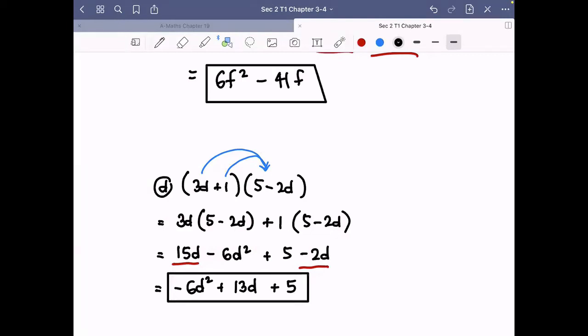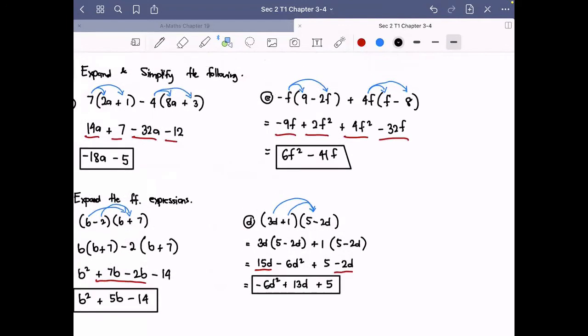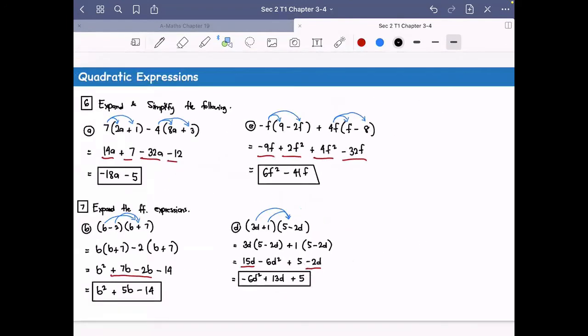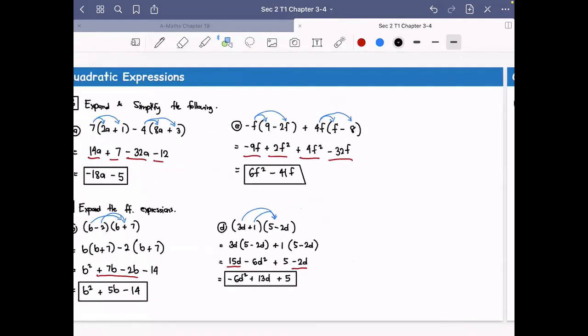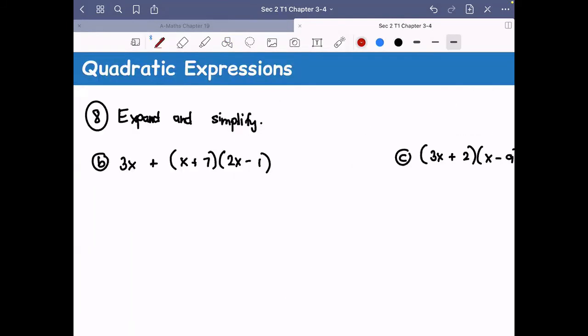So do you have any question? All right, so if there's no question, I'll be moving on to my last set of examples. For B, so we have 3x plus 7 and then times 2x minus 1. So obviously we cannot do anything with 3x, okay, unless we remove the brackets here.